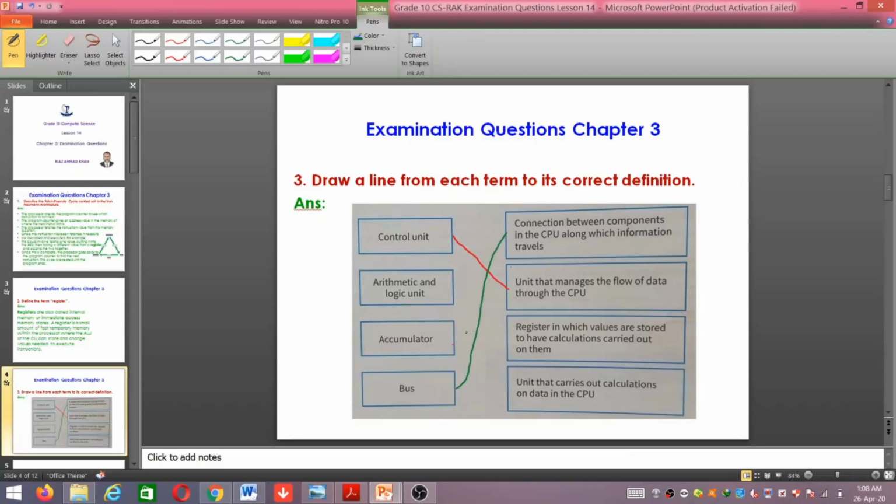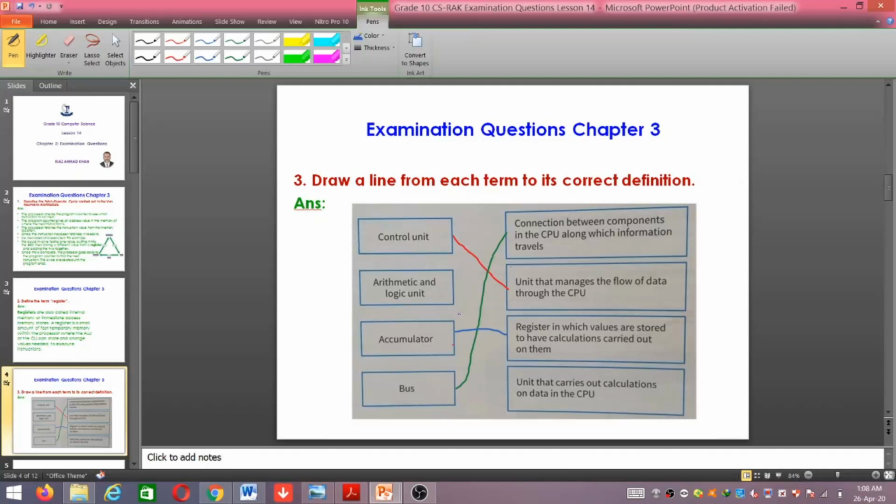Okay, next, registers: the values in which values are stored to have calculations carried out on them. So what is the register? It is the accumulator. So I draw a different color line here, and the other one, the unit that carries out calculations on data in the CPU.